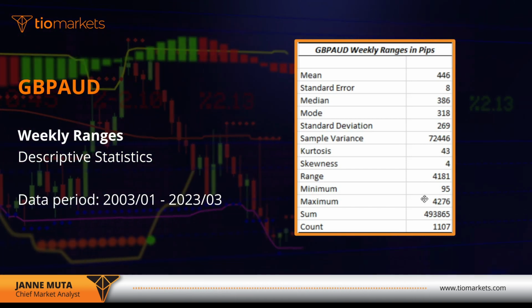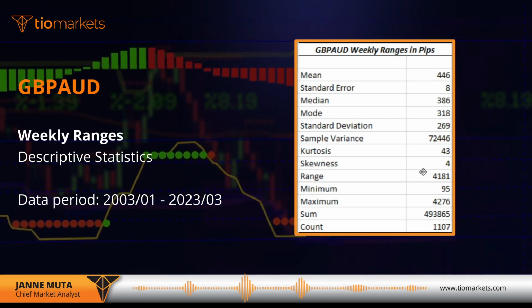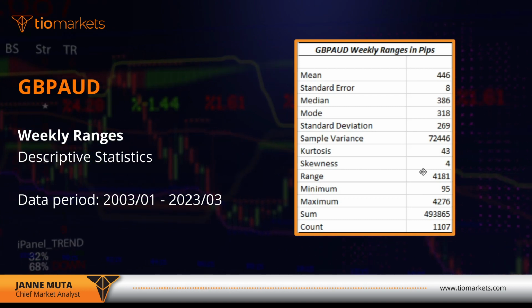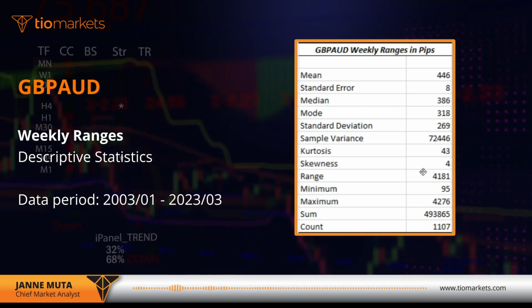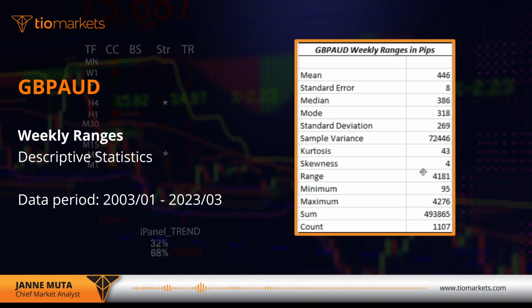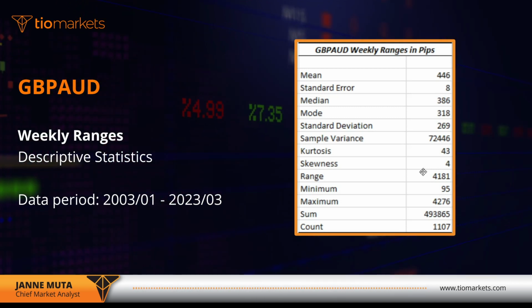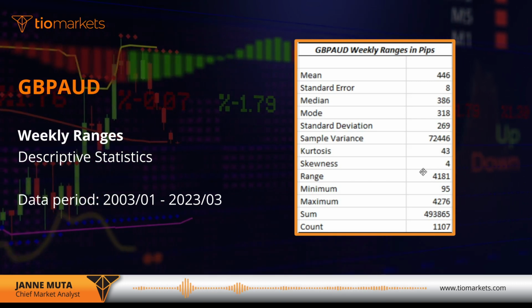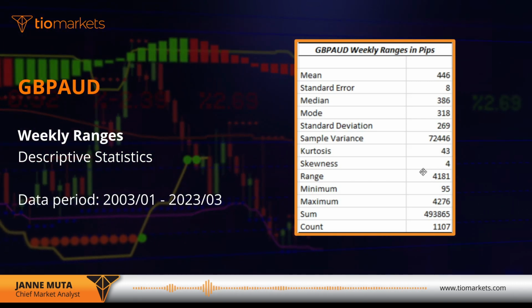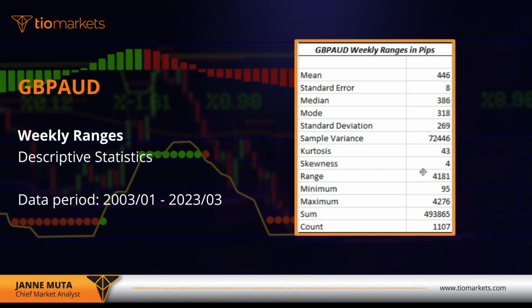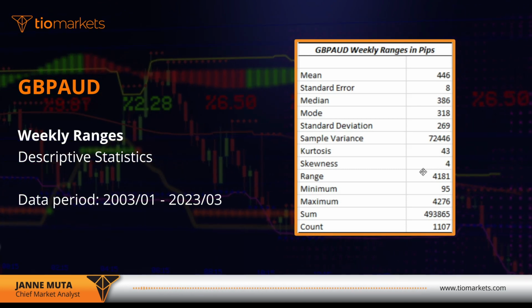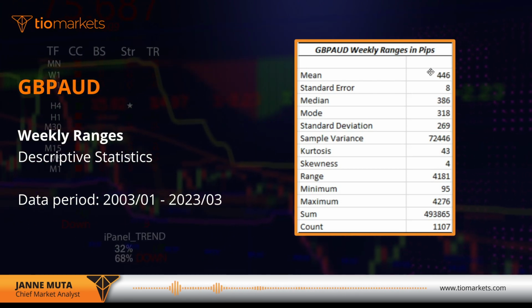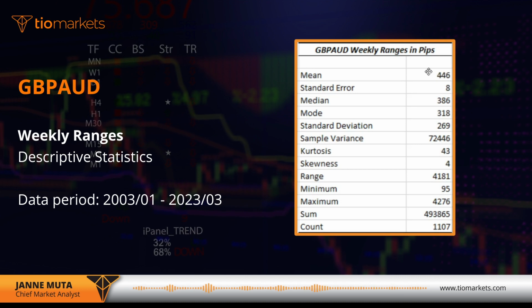4,276 pips. So this might be boring to some of you, but when you understand the data that you are dealing with, it means that you understand more about the market you are dealing with. If you are a swing trader, then you want to know that on average your profit potential is somewhere around here, 446 pips, maybe even more if you hold on to your trades longer.